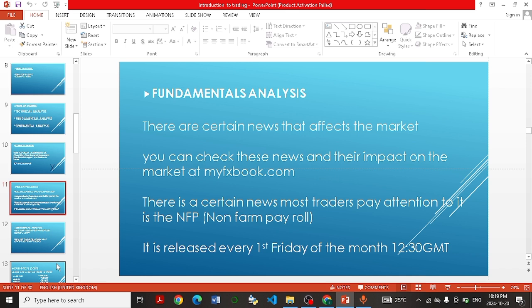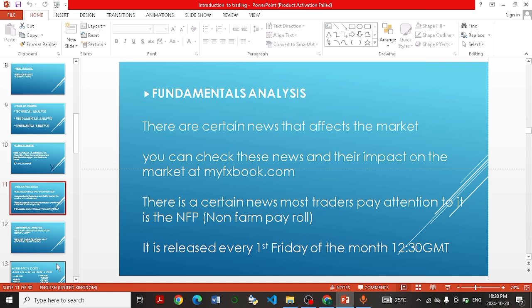Now, if you know the forex market, some people say the forex market is controlled, or that it is algorithm based. But some other persons say that it's not algorithm based. So there are certain things that move the market.